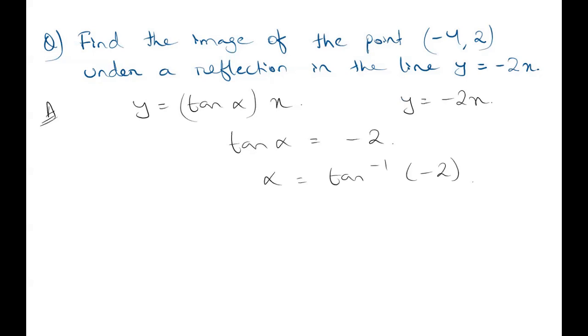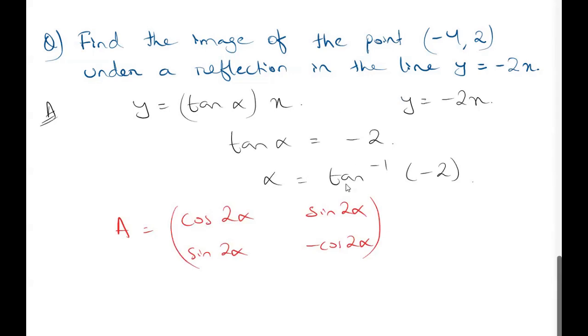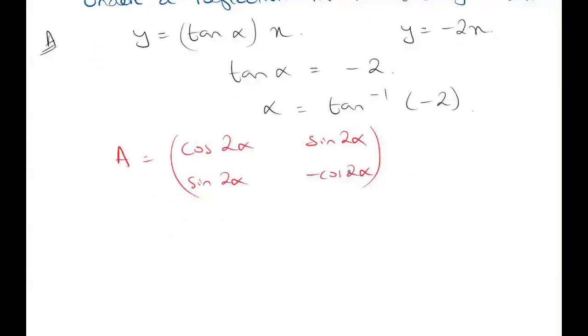Okay. So the next part is to determine the transformation matrix. The transformation matrix is cos 2 alpha, sin 2 alpha, sin 2 alpha, and minus cos 2 alpha. So let's determine what cos 2 alpha and sin 2 alpha are. Cos 2 alpha will be cos of 2 times tan inverse of minus 2.